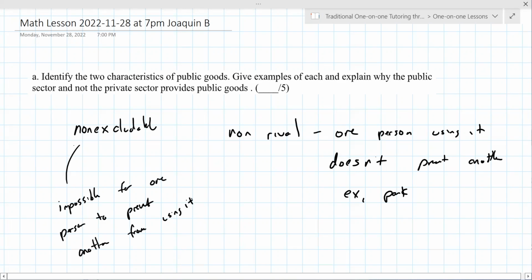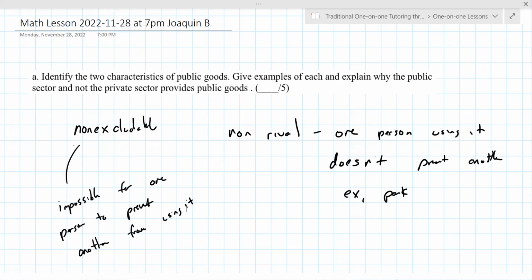Wait, but wouldn't that just be the same thing? Because with non-rival, you're saying one person can be in the park, but another person can also be in the park, and it doesn't affect each other. Think of a door to enter your home. I can't just walk into your home. Non-rival is more like they don't use it up by using it.